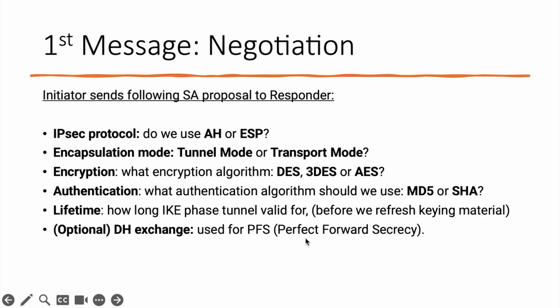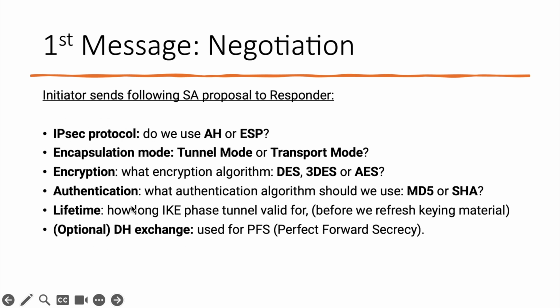So, the first message. I've not broken it down into stages because there are only three messages. Let's just talk about what happens in each one. The initiator sends the following security association proposal to the responder. It proposes all of these parameters here.